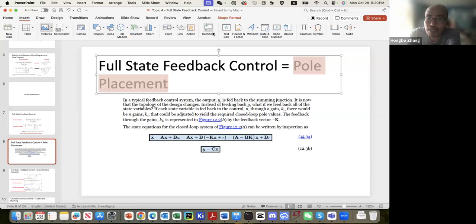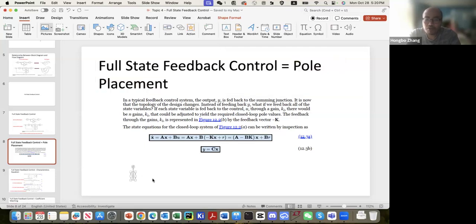Let me write something here so you can follow better. The desired poles, we know from the user requirement, including settling time and overshoot.